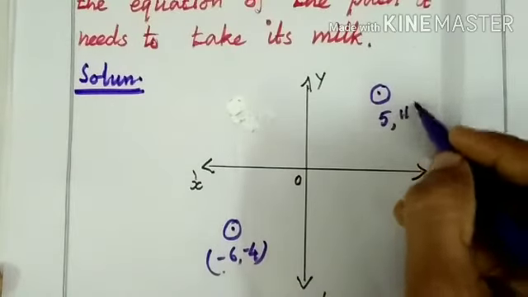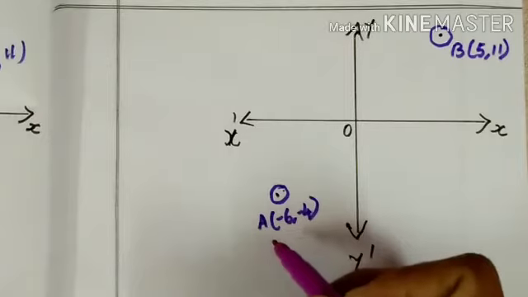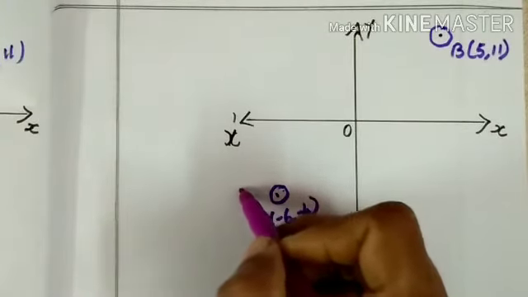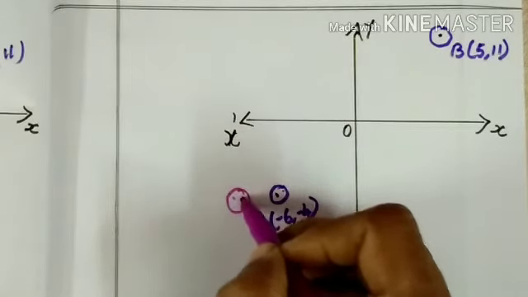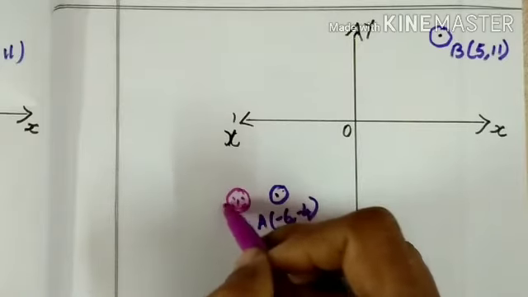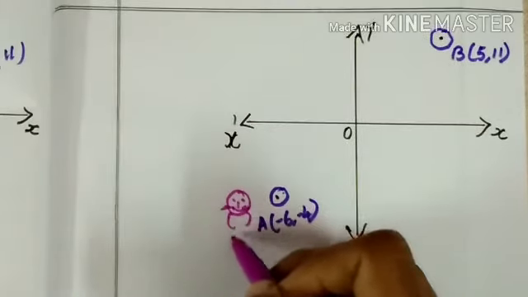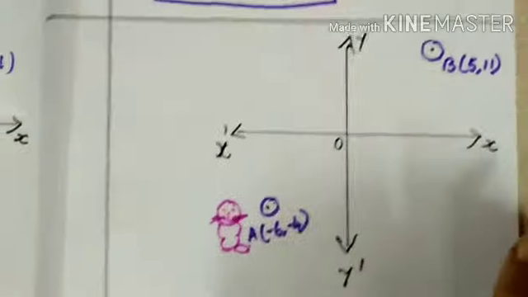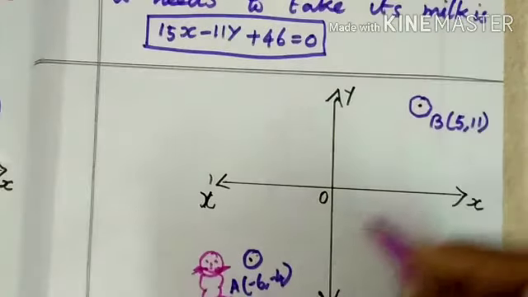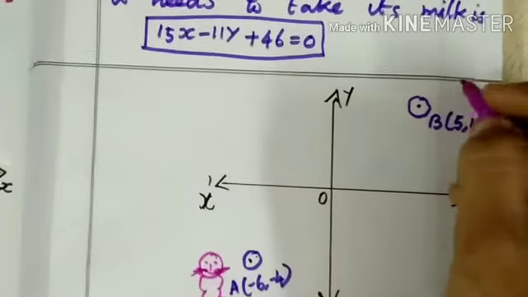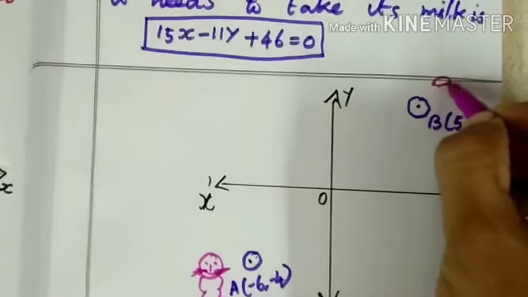Let us assume this point A, it is the cat located point. And the next point lies on the first quadrant, it is the bottle of milk located point.